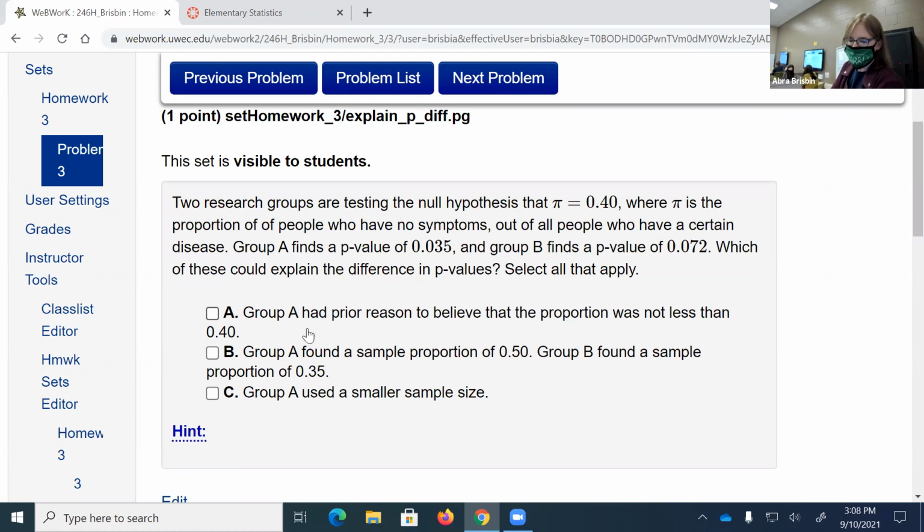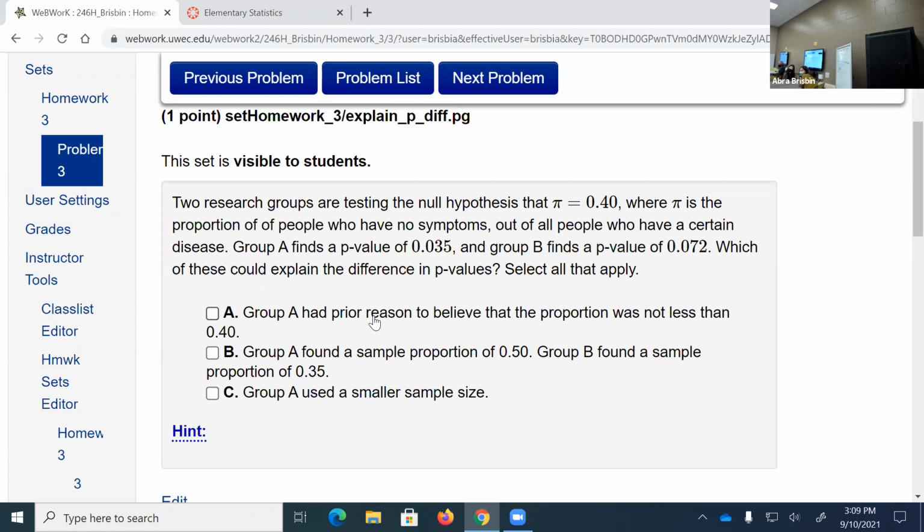So option A: group A had a prior reason to believe that the proportion was not less than 0.4. That would correspond to group A testing the null hypothesis that pi was 0.4, and the alternative hypothesis that pi is greater than 0.4.